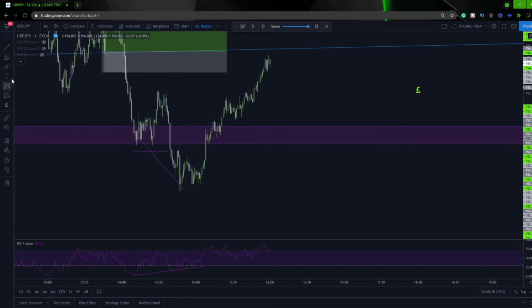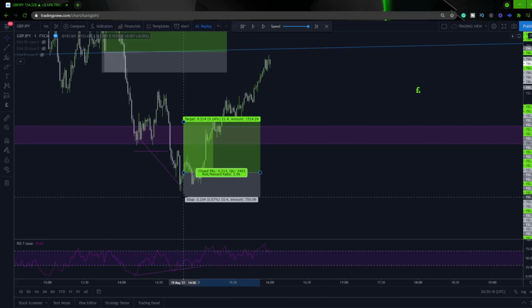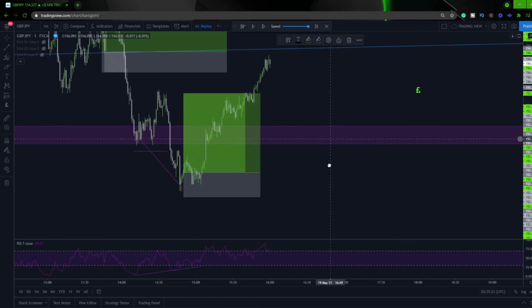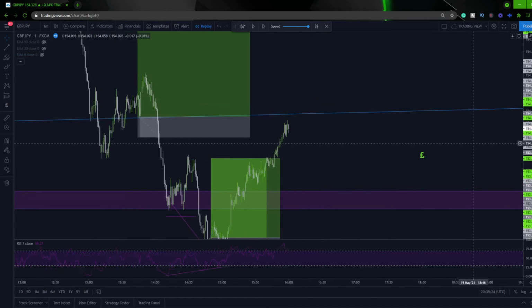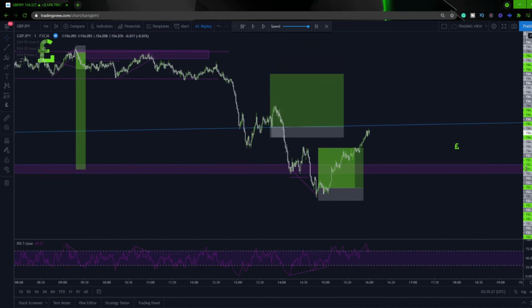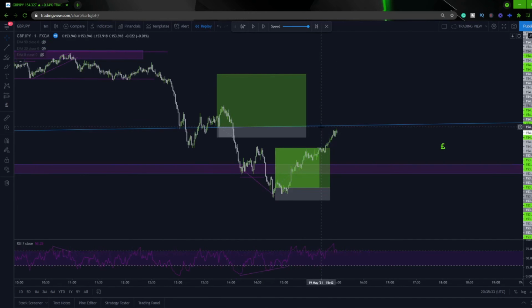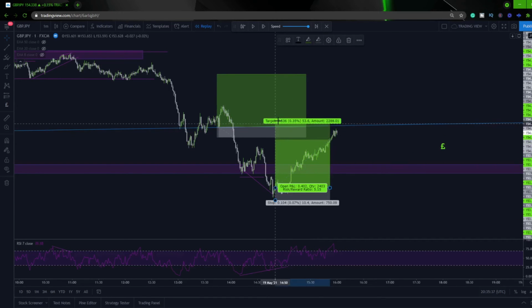If it was me, I would have been stopped out there, retaken another entry down there, looking for a move higher, targeting this liquidity, and potentially looking for a retest of this order block here.